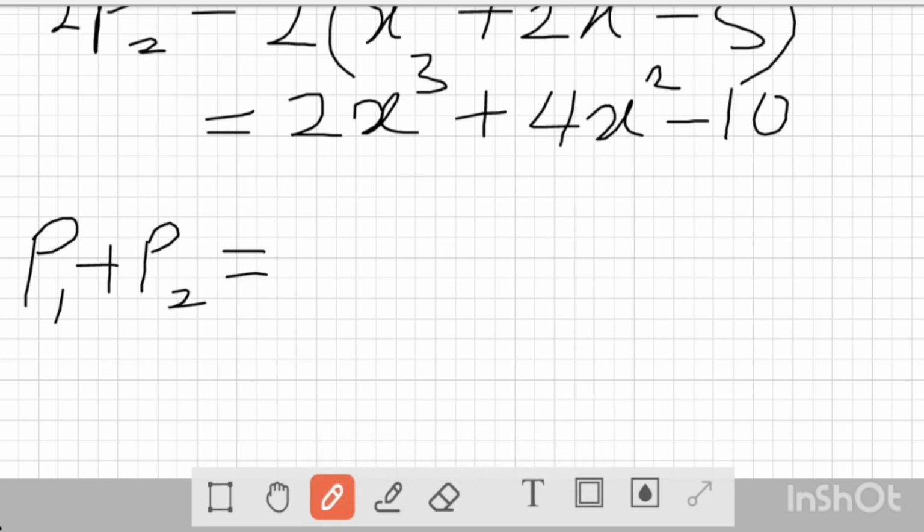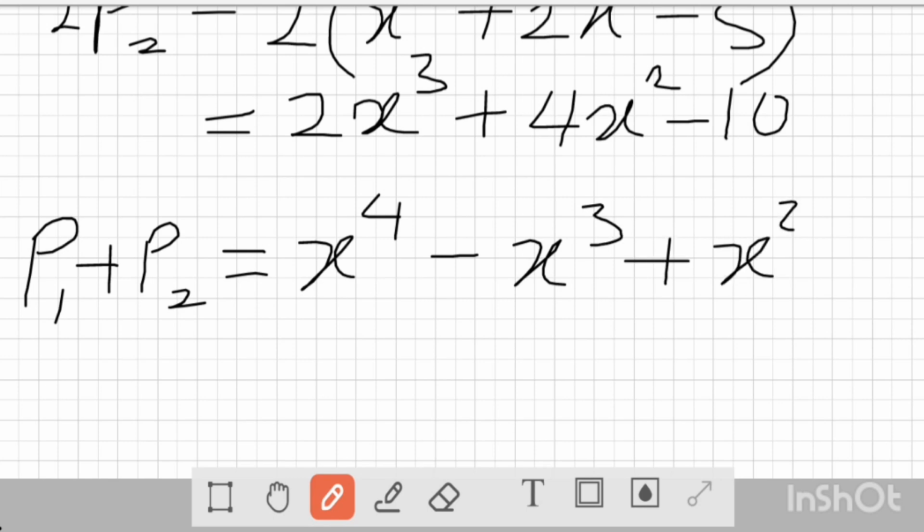So here we have x raised to power 4, that's the first thing, minus x raised to power 3 plus x raised to power 2, then plus 2. You observe I'm giving space because of the constant term. Now the polynomial 2P2, this is what you should also observe.